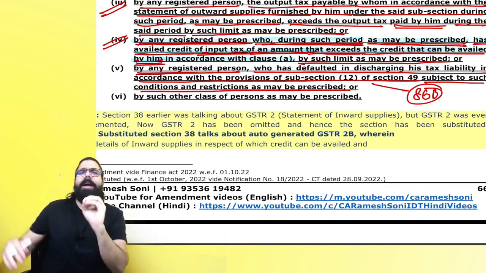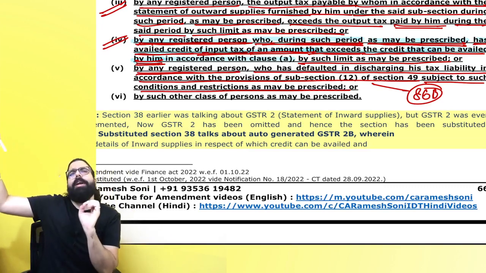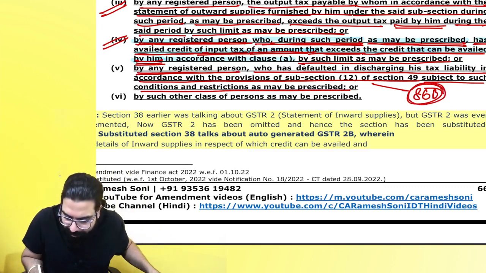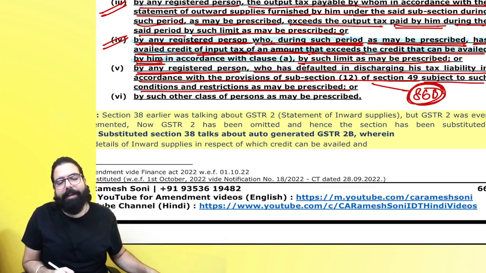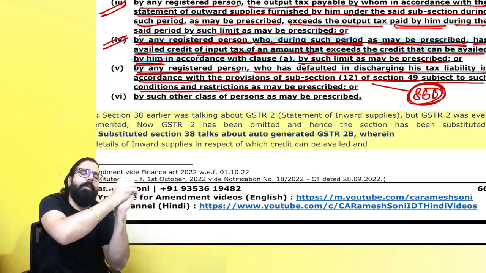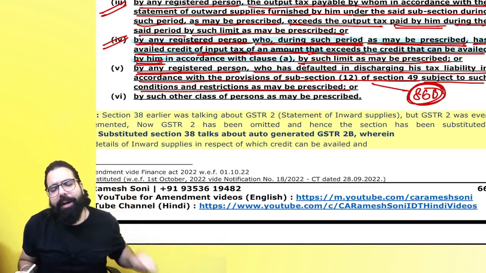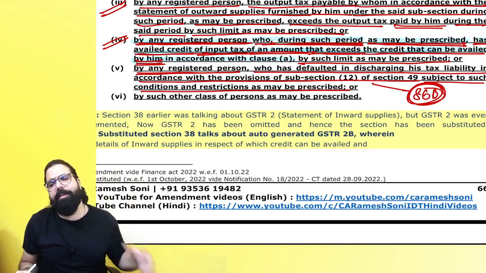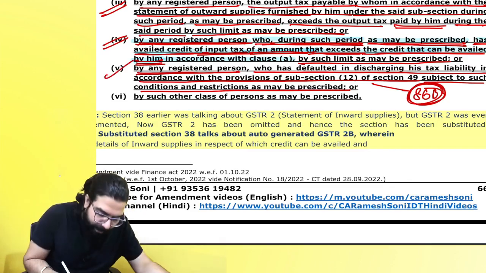If you are buying from such a supplier who has defaulted in following rule number 86B, then in that scenario, the credit which he is trying to pass on will come in your restricted column of the GSTR 2B. Done, sir. Point is clear.